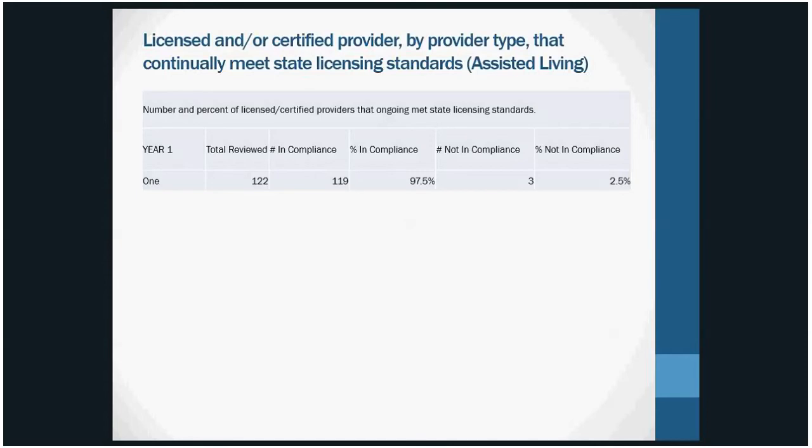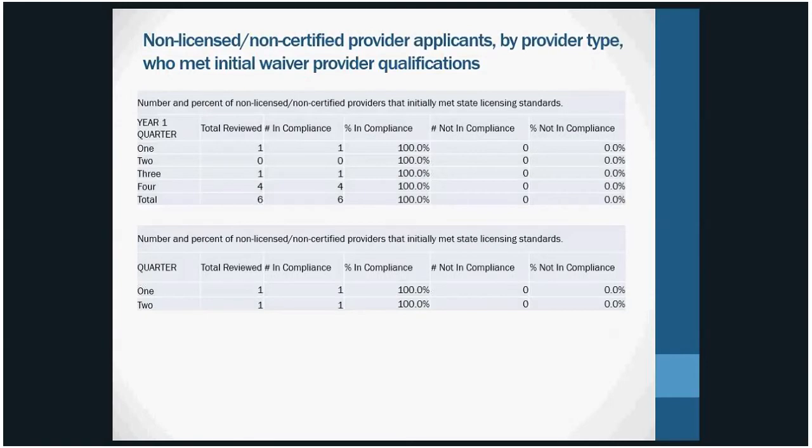This is reviewed yearly: licensed and/or certified providers by provider type that continually meet state licensing standards. This is reviewed yearly in the September, October timeframe, so we'll be looking at that here soon. For non-licensed and non-certified provider applicants by provider type who met initial waiver provider qualifications, we did have 1 this last quarter, and they were also in compliance.